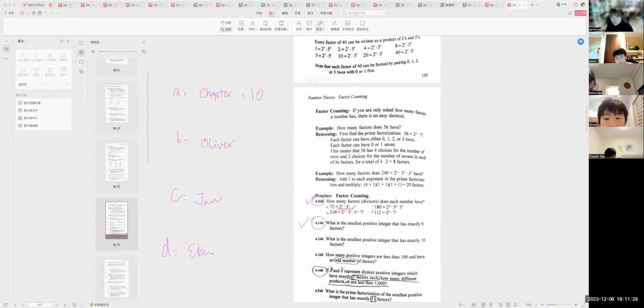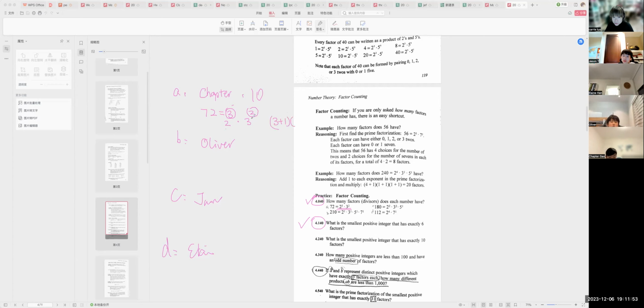I had 12. So Chapter, take a look, okay? 72 equals 2 to the power 3 times 3 to the power 2, right? So we just discussed the exponent part. Chapter, take a look. Because the usage of 2s is 1 two, 2 twos, 3 twos, and also 0 twos, that's why 3 plus 1.